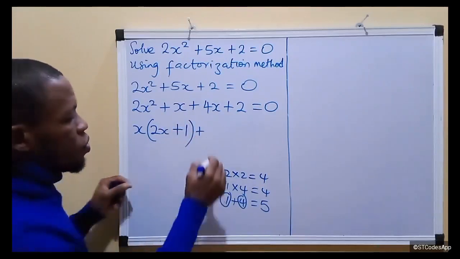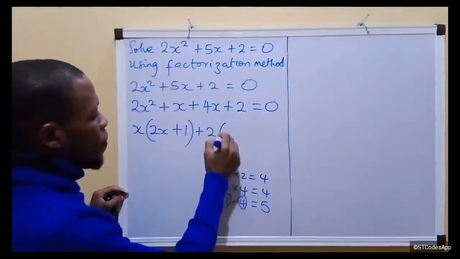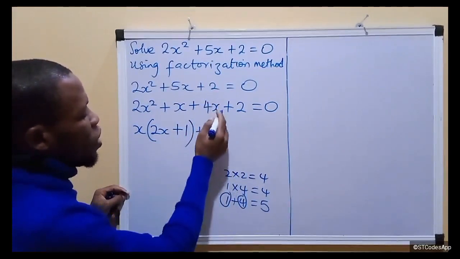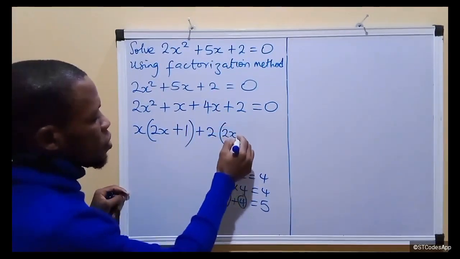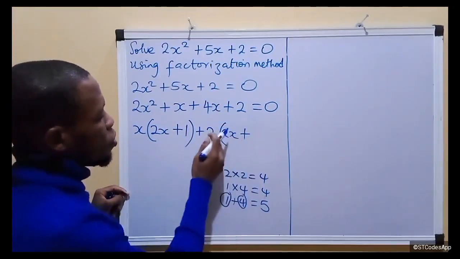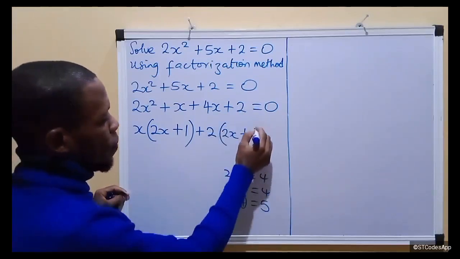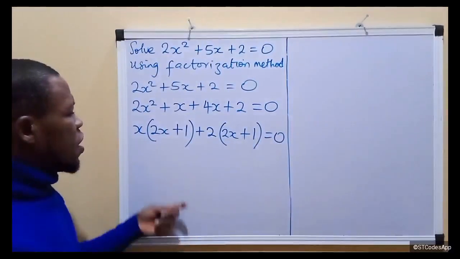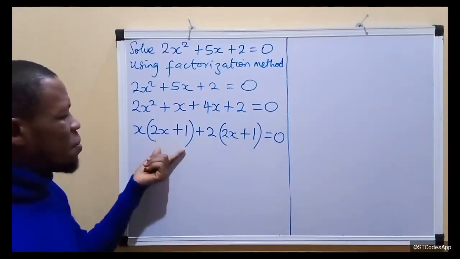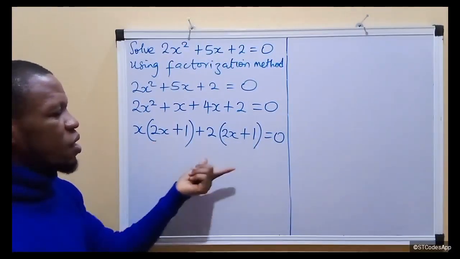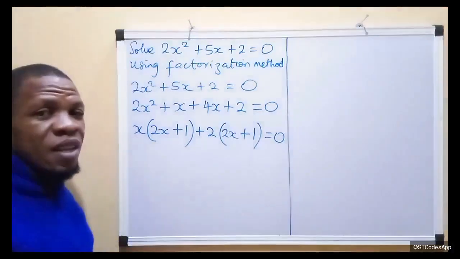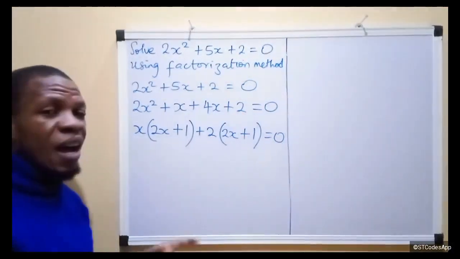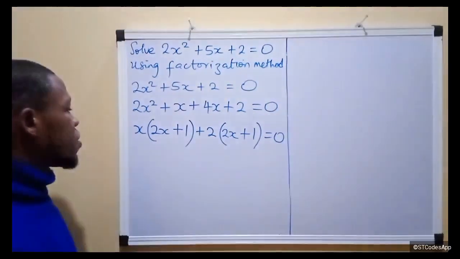It is 2. So we have 2 here. Then 2 divided by 2x gives us 2x. Plus 2 divided by 2 is 1. Equal to 0. Now you can see that we have the same term in brackets: 2x plus 1 and 2x plus 1. That's a proof that the factors we used are actually correct.